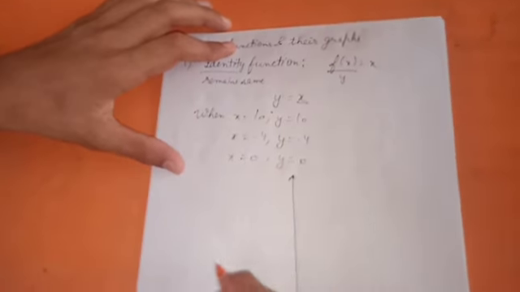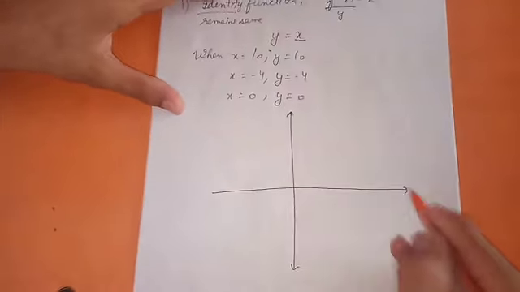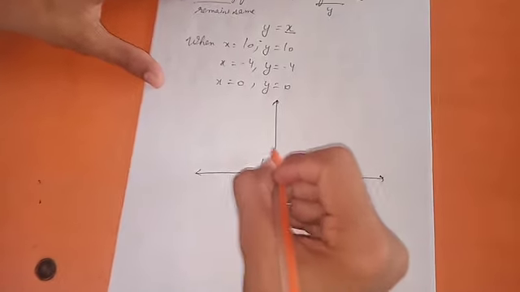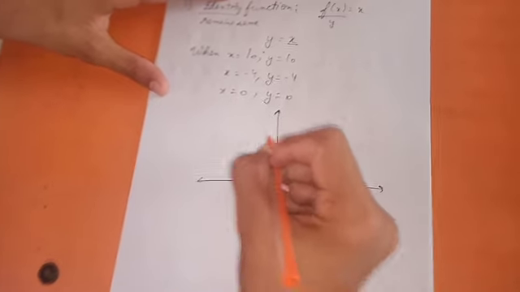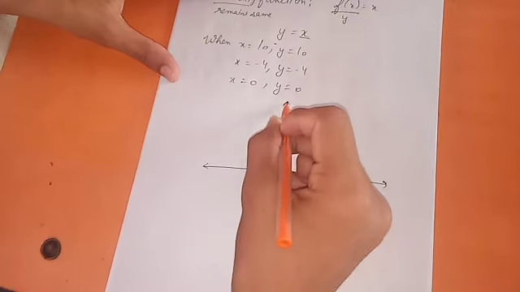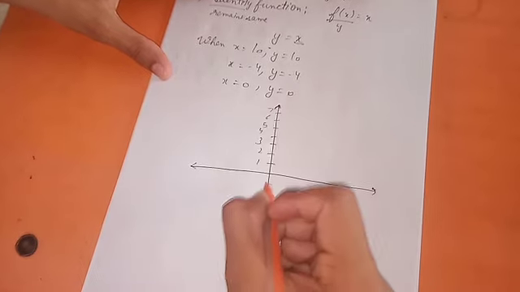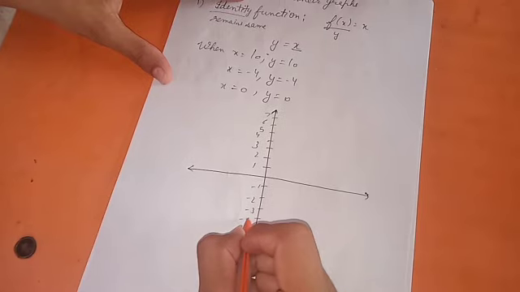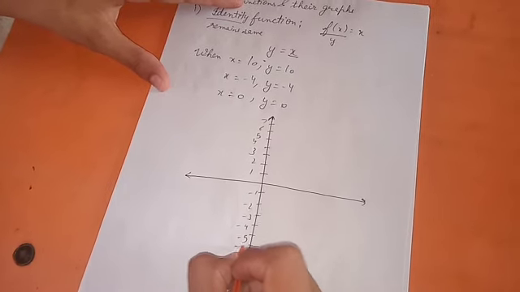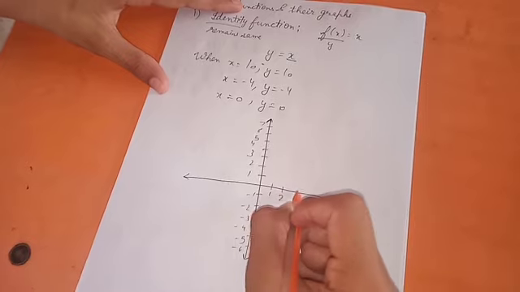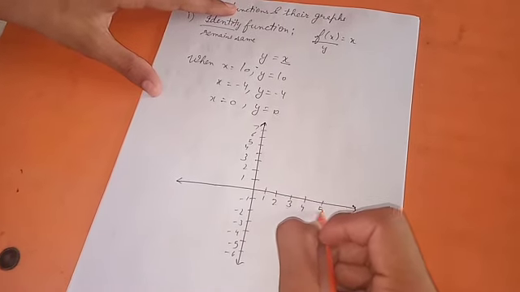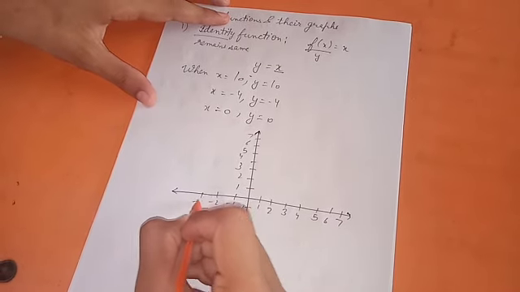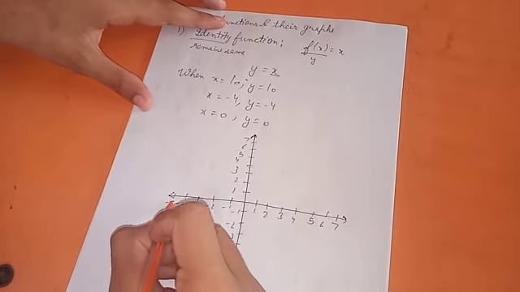This is our Cartesian plane. First of all, here we will mark 1, 2, 3, 4, 5, 6, 7, minus 1, minus 2, minus 3, minus 4, minus 5, minus 6 on the x-axis, and 1, 2, 3, 4, 5, 6, 7, minus 1, minus 2, minus 3, minus 4, minus 5 on the y-axis.